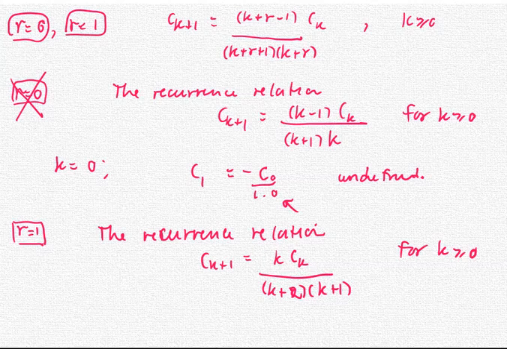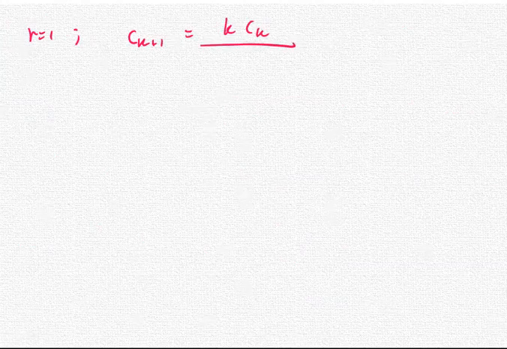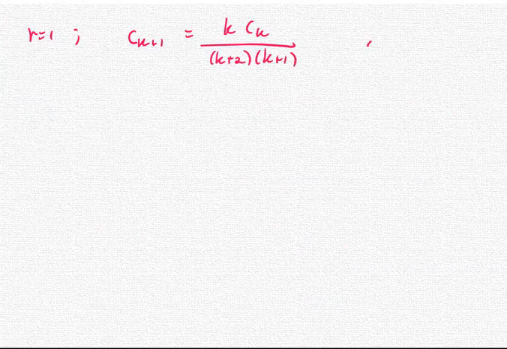And then we repeat the same pattern for each c_k, for at least 3 non-zero terms. For r equals 1, c_{k+1} equals k times c_k divided by (k + 2) times (k + 1) for k greater than or equal to 0, starting at k equals 0.